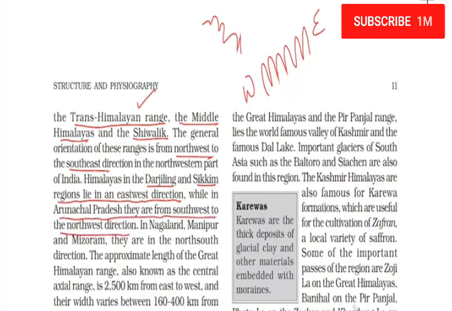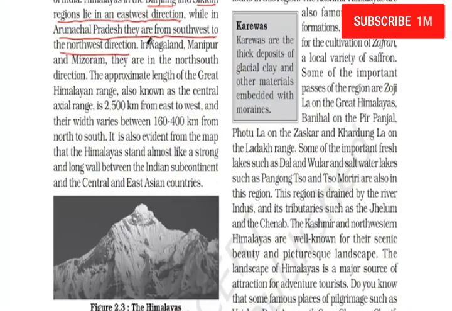They move in this direction, right. Then in Nagaland, Manipur and Mizoram, they are in north-south direction. The approximate length of Great Himalayan range, also known as the Central Axial Range, is 2500 km and the width is 160 to 400 kilometers.